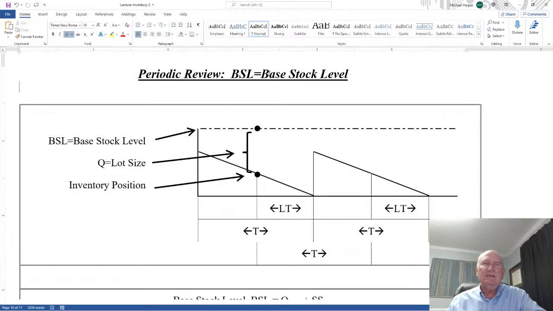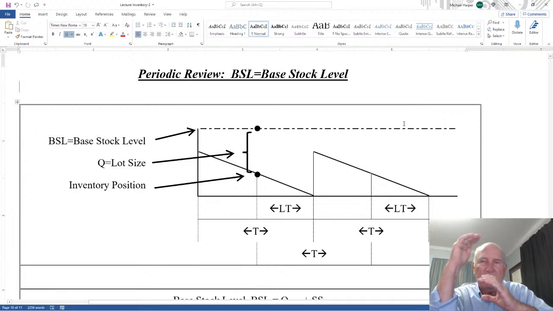That's my lot size. I order 900. So the periodic review system says that every T time period you're going to order the difference between your base stock level and your inventory position. That's your lot size.